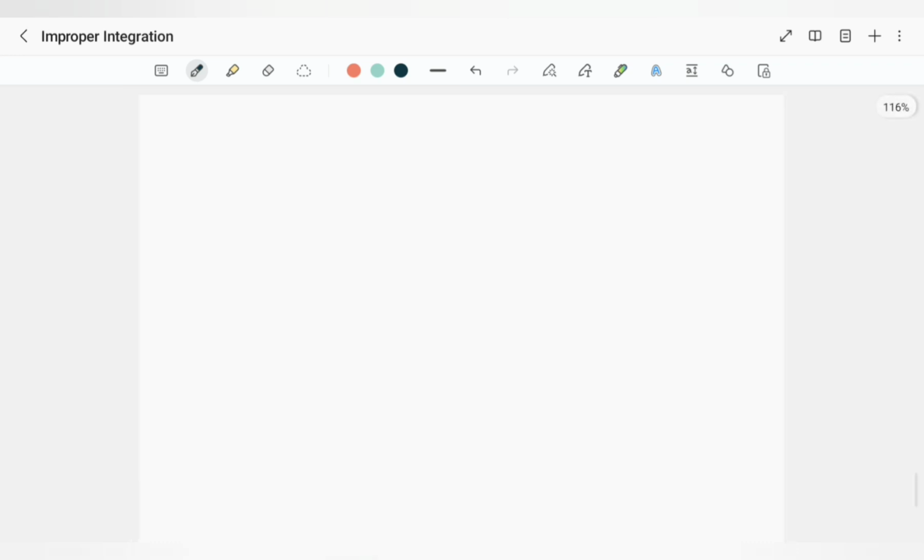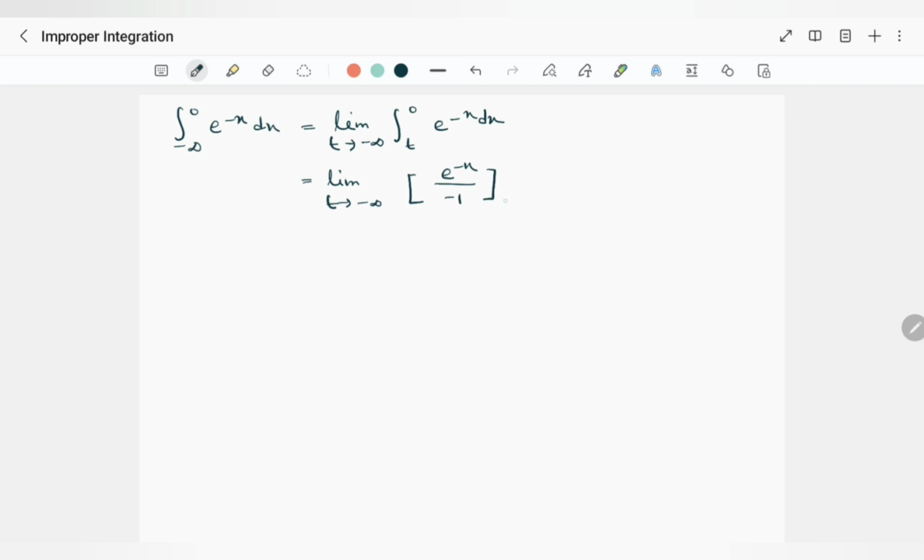Now take another example, integration from minus infinity to 0 of e to the power minus x dx. So similarly, limit t tends to minus infinity, integration t to 0 e to the power minus x dx. This is limit t tends to minus infinity, integration is e to the power minus x by minus 1, t to 0.